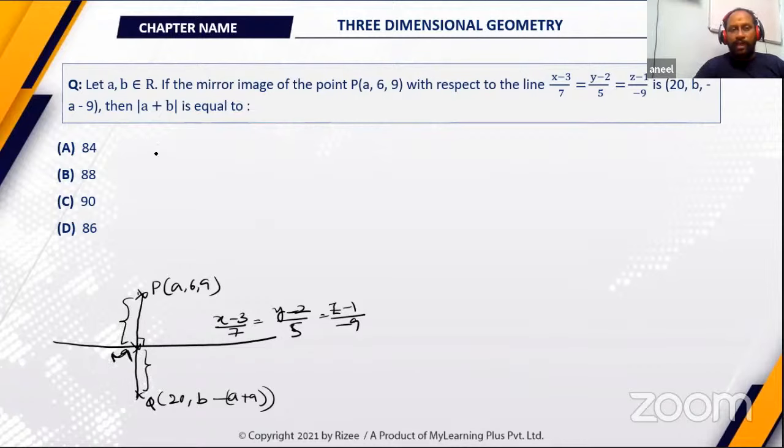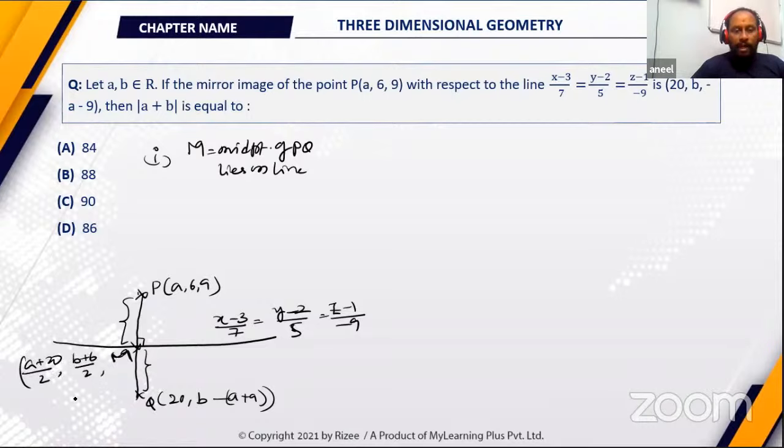The first inference which we get is that the midpoint M of PQ must lie on the line. So what is the midpoint? ((20 plus a)/2, (b plus 6)/2, (9 minus a minus 9)/2).